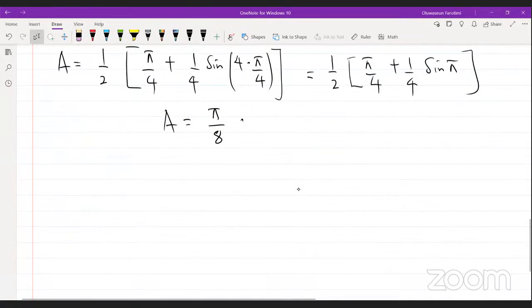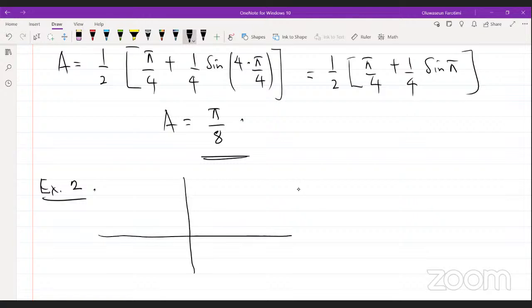All right, so let's look at another example. Example 2. Suppose I give you a region. I can just give you guys a sketch.